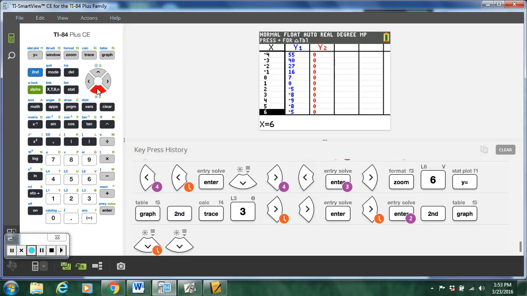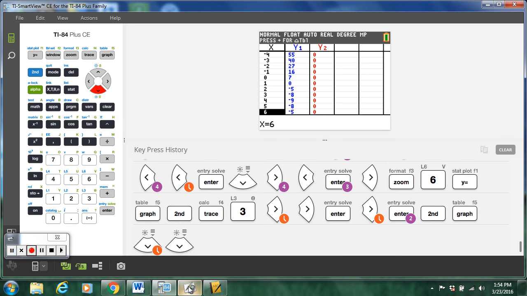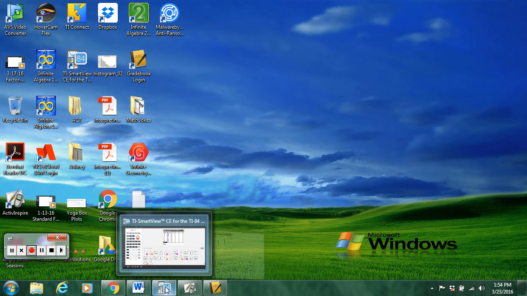So in my table, I'm going to put 2, 3, 5, 6, and then I'm going to write -5, -8, -8, -5. So 2, 3, 5, 6. What was it? -5, -8. Whoops.